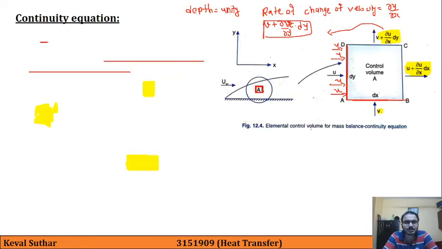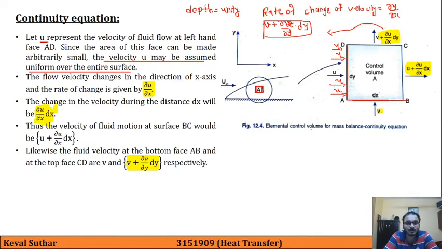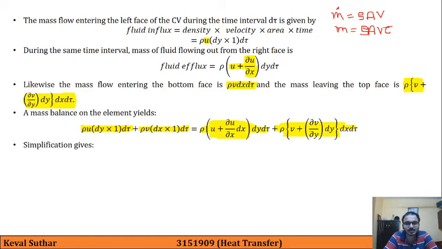Our first differential equation is the continuity equation, in which we are taking a control volume within the boundary layer, which has dimensions of dx and dy. And we derived the continuity equation by taking the mass flow at various sections.